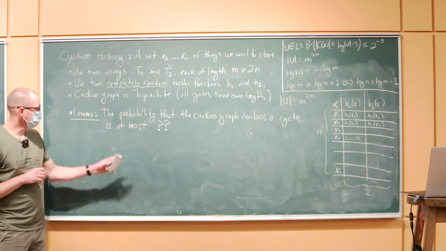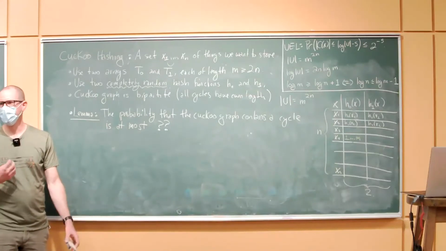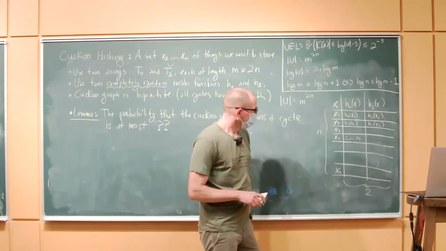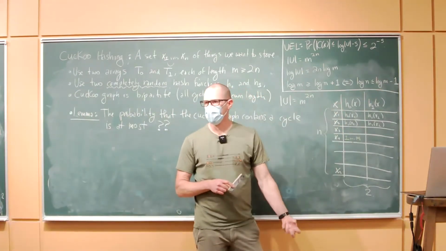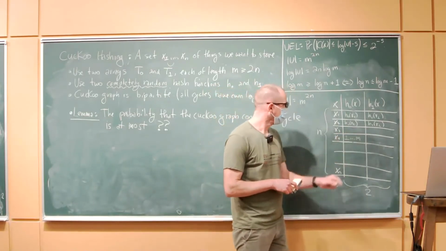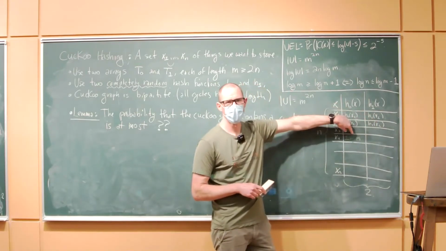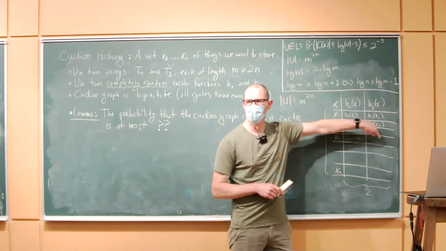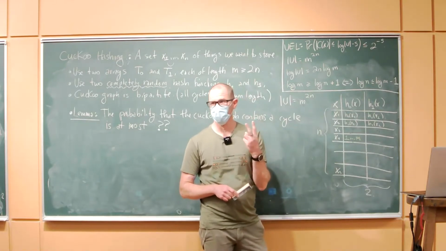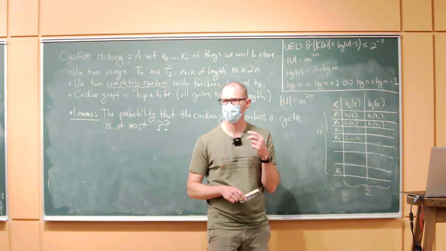Well, here's an argument for maybe why it's likely. The birthday paradox is an argument for why it's likely, because each row here is two random values between 1 and m. So there's m squared possible rows. And as soon as we get two rows that are the same, we have a cycle. That's one way to get a cycle, a super short length 2 cycle.